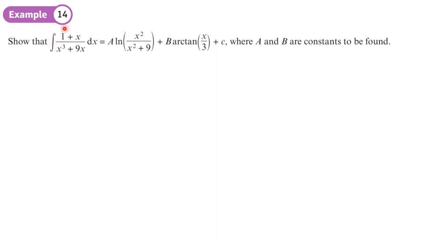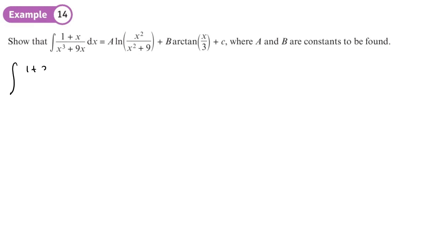Right, so on this equation we need to show that this integrated gives us these two terms here. So we're going to have to use partial fractions on this here, and we'll write it out.